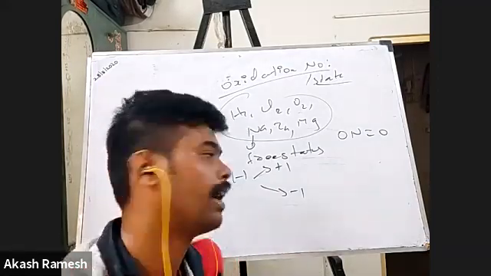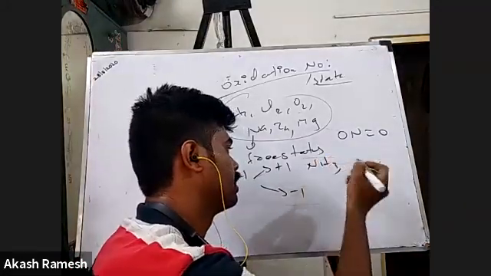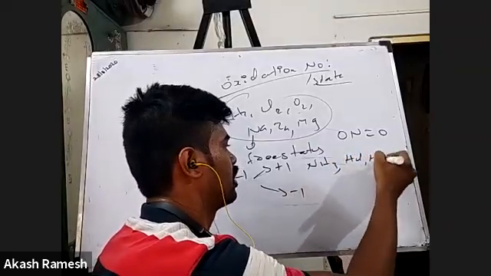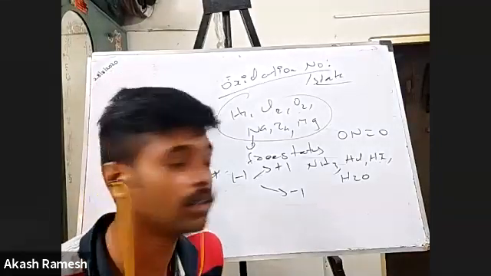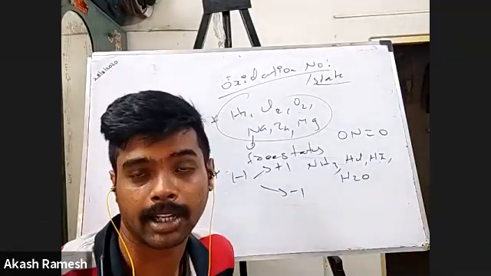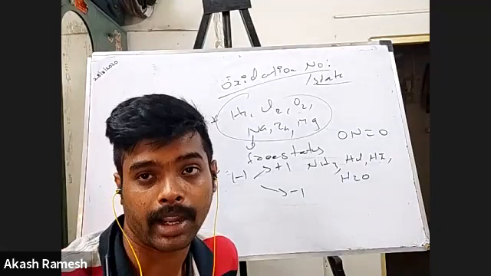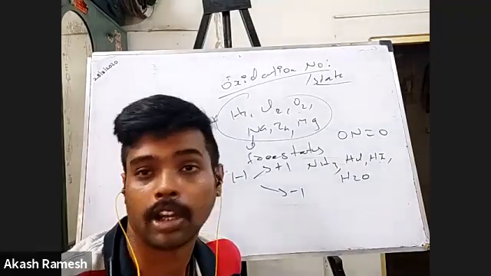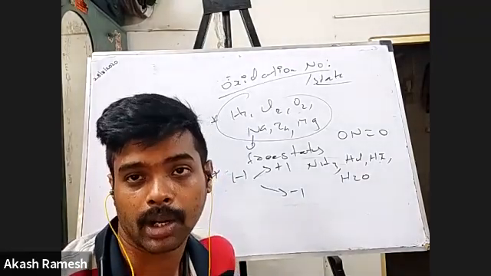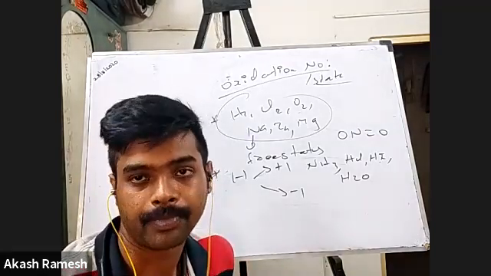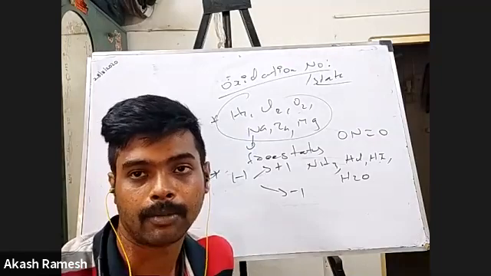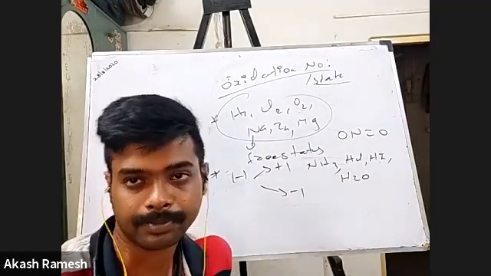For example, ammonia, HCl, HF, H2O. Hydrogen is attached to highly electronegative elements like nitrogen, fluorine, oxygen, so those elements have negative charge, and hydrogen has +1.